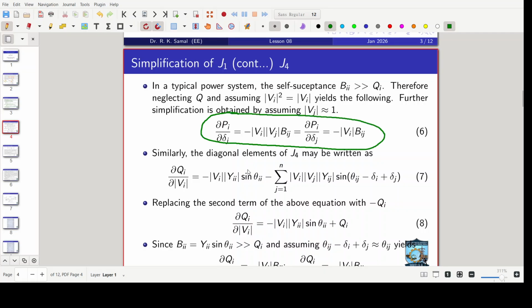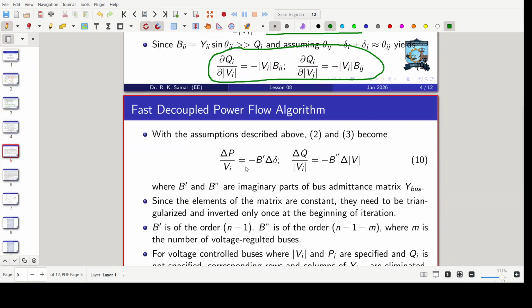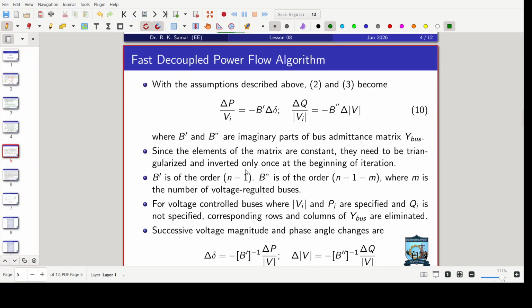Similarly, the diagonal elements of J4 may be written like this, replacing by Qi, obtaining dou Q by dou Vi, we get this equation. Since Yii sin theta is much greater than Qi, and assuming the difference between the load angles of bus i and bus j to be very small, we find these two equations. And then we proceed towards the fast decoupled load flow algorithm.